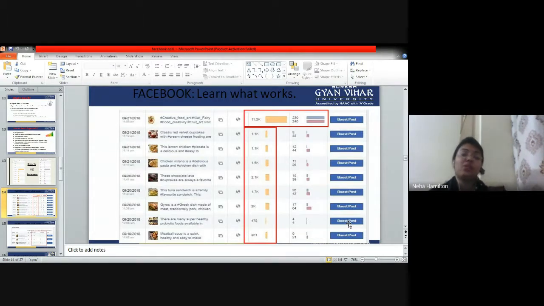You have to write down the specifications, for example, age, geographical region where the people belong to, these kind of things. And then you have to pay money online through UPI, debit card, credit card, and then that post will be boosted. Boosted means you want to increase the reach of a particular Facebook post.